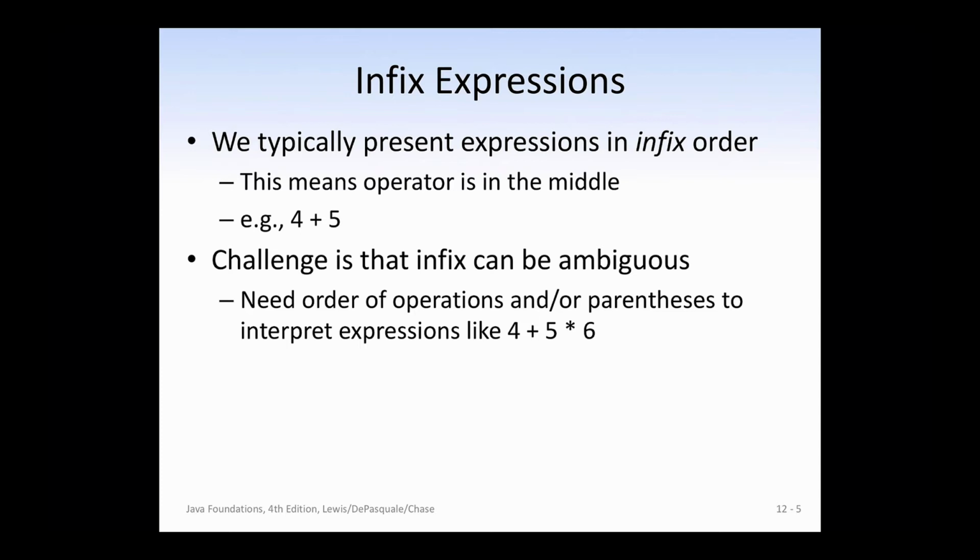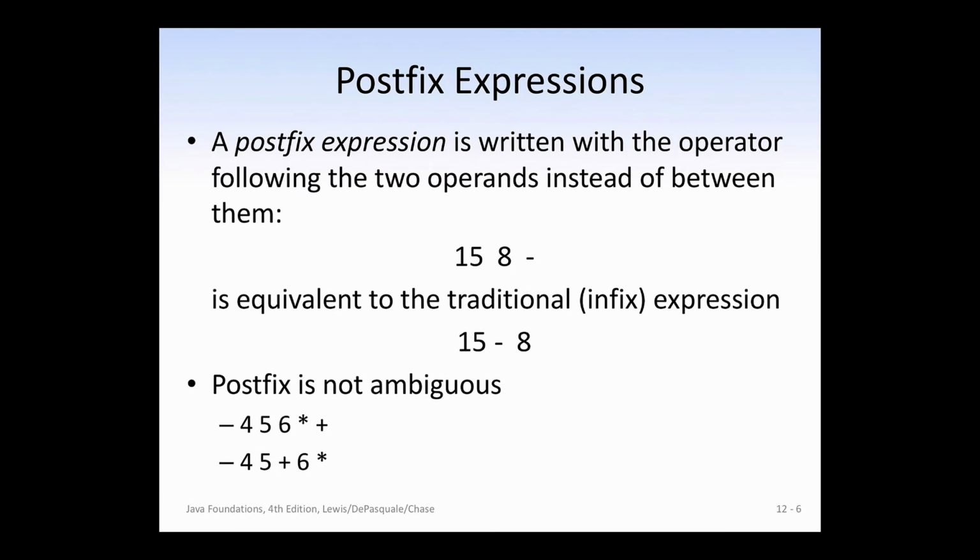Another thing you could do is something called postfix, where you put the operator after the two operands. So if we want to subtract 8 from 15, we could say 15 8 minus, put the minus at the end instead of the middle. And when we do that, it's not ambiguous, because if we take the expression that we had before, 4 plus 5 times 6, instead of needing special rules or parens to decide which one goes first, we can use the postfix notation.